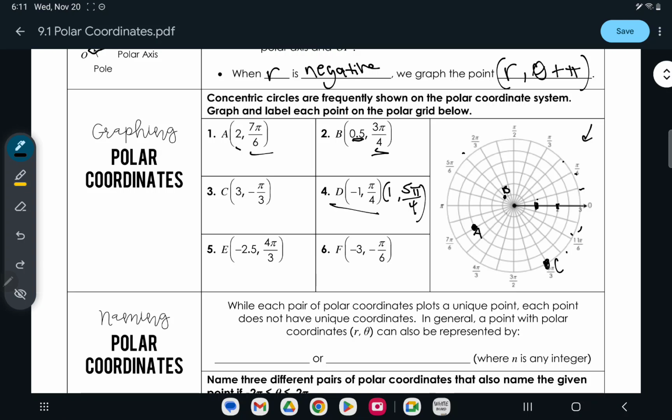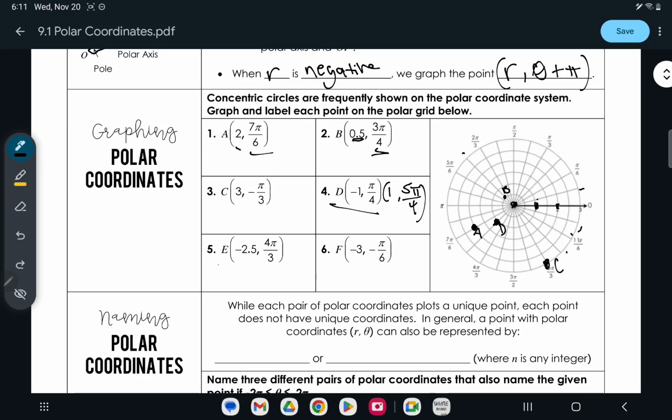And then the radius is 1. Or another way to think about it with the negative ones is I can go to where it would be for a positive, so pi over 4. And if I think of this being the origin and this being forward, then the negative tells me just the direction, so I can go backwards, so I can go this way instead.